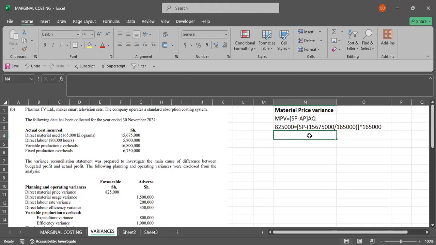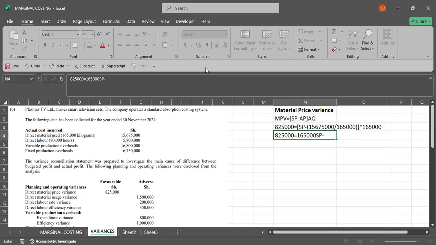In this bracket we have standard price multiplied by actual quantity, so that will be 165,000. So 825,000 is equal to 165,000 standard price minus 15,675,000 divided by 165,000, multiplied by the same 165,000.